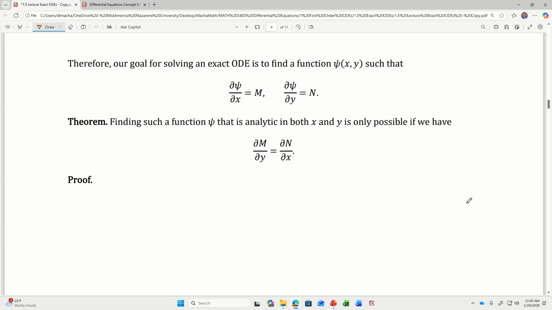And it turns out that I could only find a function like this that solves an ODE like we were talking about if I'm looking for a solution that's analytic. So I'm looking for an analytic function psi. I can only find an analytic function psi if this is true.